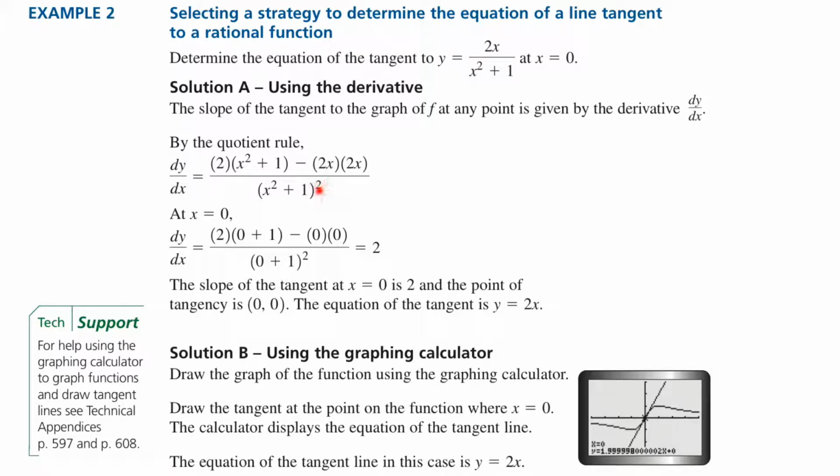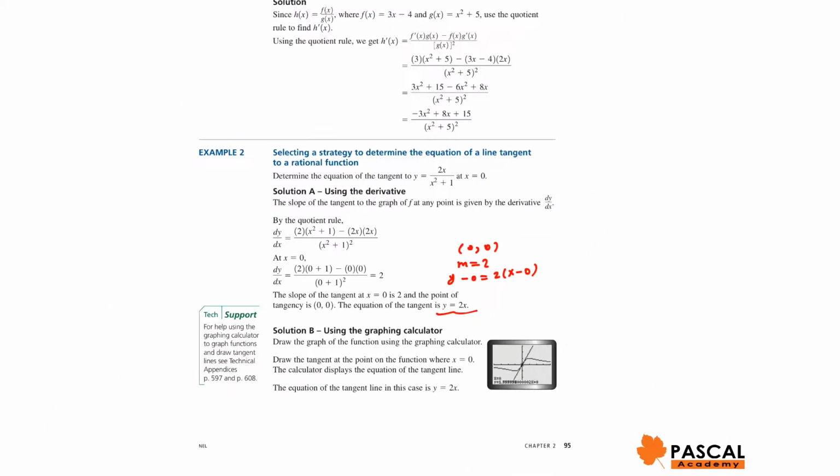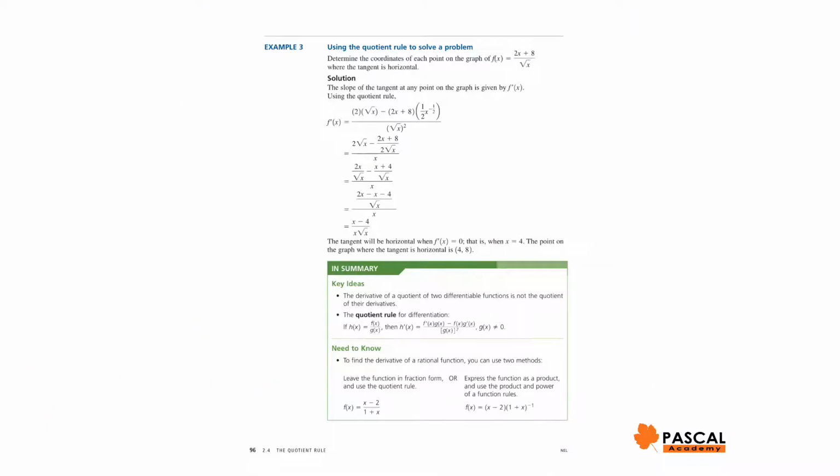If we plug 0 into the derivative, we find the slope of the tangent line, 2. Y minus y1 equals m times x minus x1. Therefore, the equation of the tangent at 0, 0 to the graph of the given function is y equals 2x.